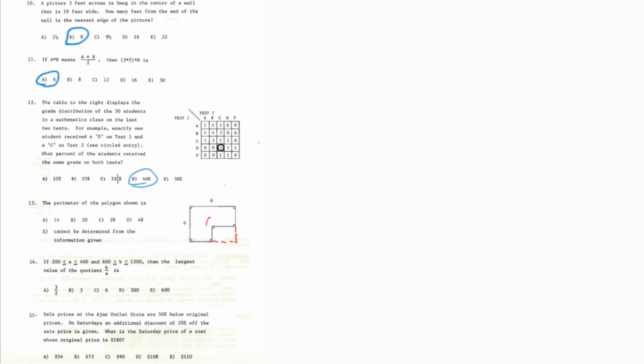So if I label these 4 points A, B, C, D, now we can tell that AB equals CD and AD equals BC. So the perimeter of the polygon is now equal to the perimeter of the rectangle.